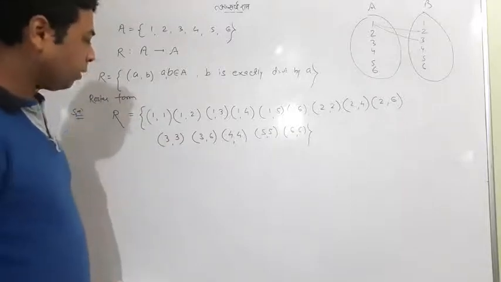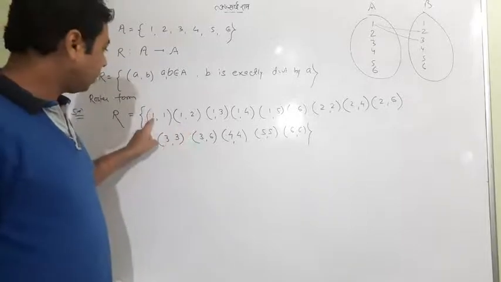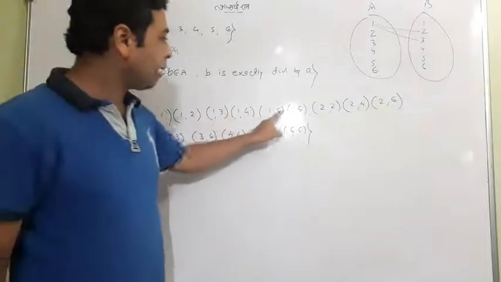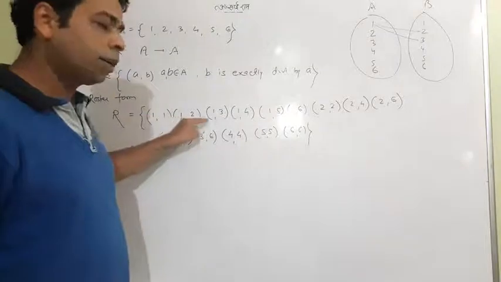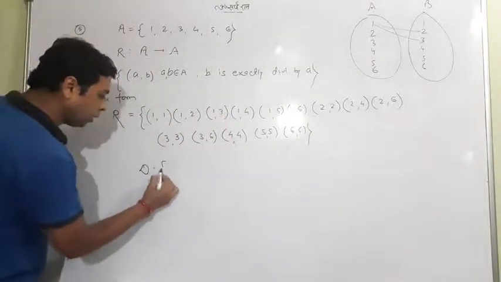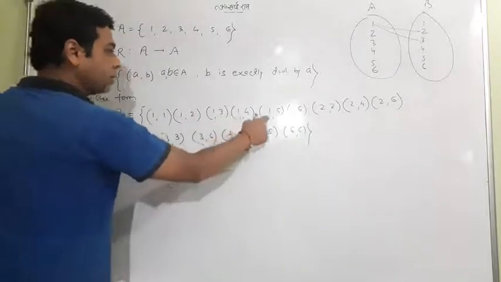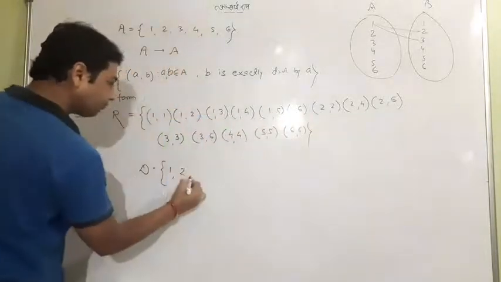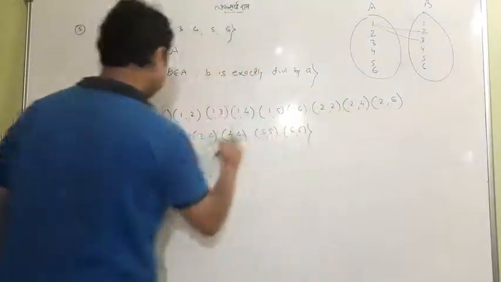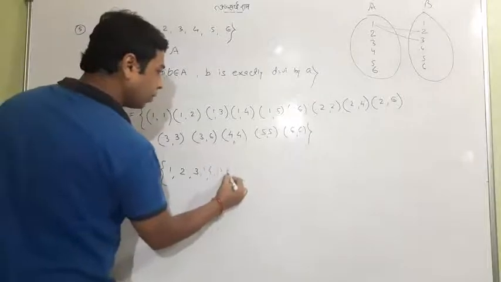So what is a domain? The domain will be the first elements. We have a lot of 1s, but we can't write more than once. So the domain will be 1, then 2, now 3, now 4, now 5, and then 6.